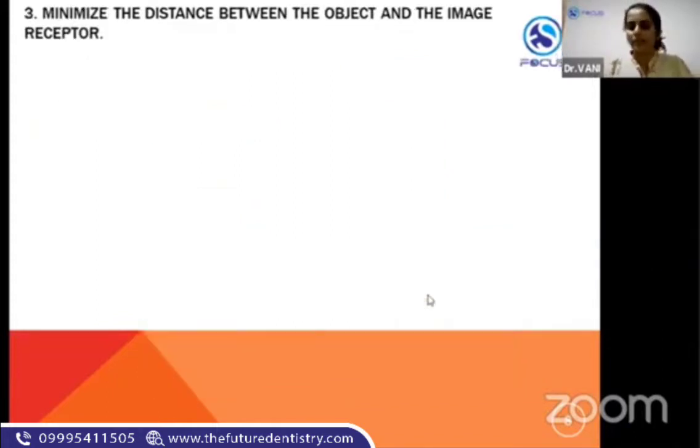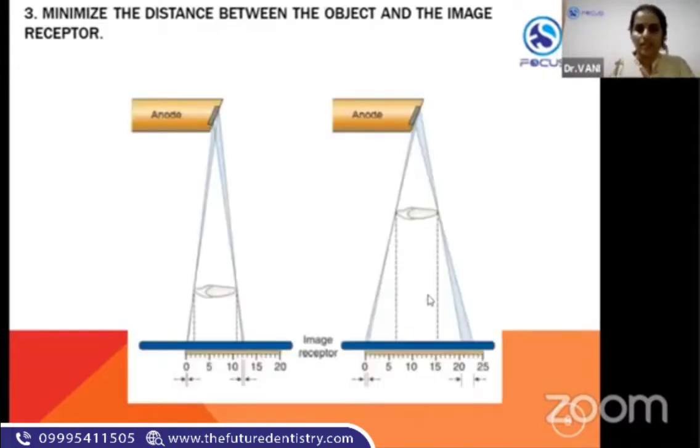Right? The third principle is you have to reduce the distance between object and the receptor. See? So I'll repeat the three principles. The first principle was you have to reduce the focal spot as small as possible, which is made possible by the line focus principle, wherein you tilt the focal spot or the tungsten target to 20 degrees.